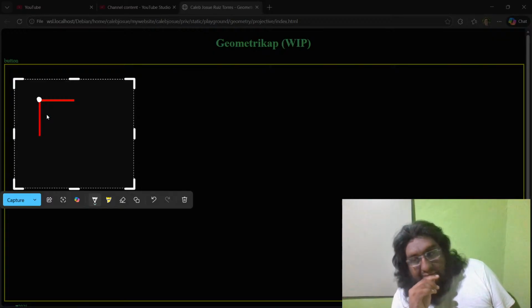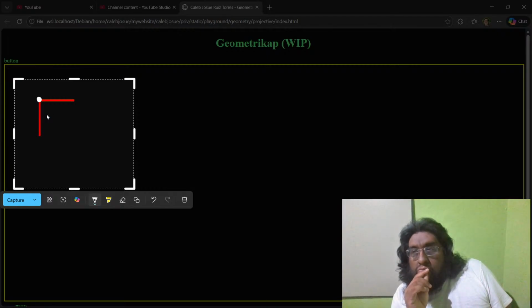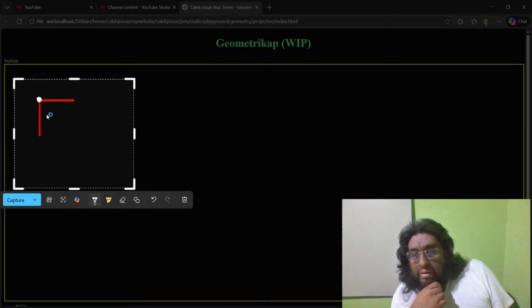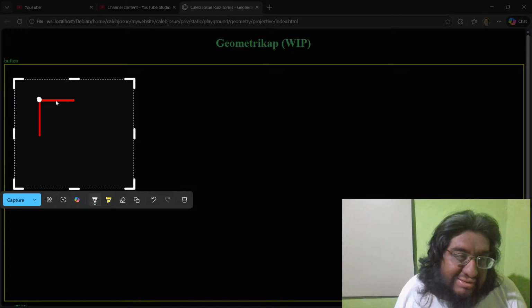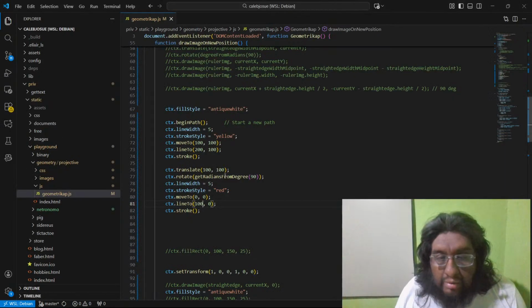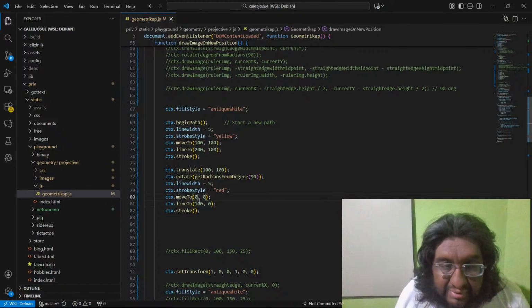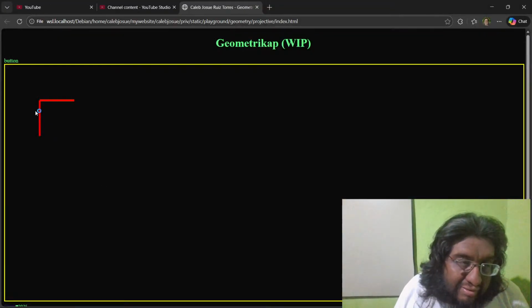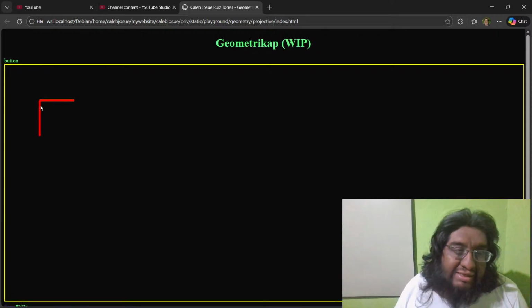Since we want a line intersecting, if you will, with this existing line, we should start at 0, 0, the line. Here it is, 0, 0. And draw a line on the x-axis, which is here, 100 pixels. This is the x-axis since it is rotated.